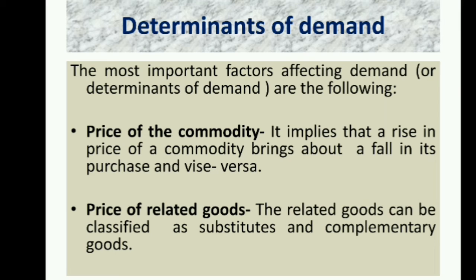But in the case of complementary goods, if the price of car increases, the demand for petrol decreases. In such cases, the price of one good and the demand for another are inversely related. It can be said that changes in the price of related goods influence the demand of a commodity significantly. Okay.